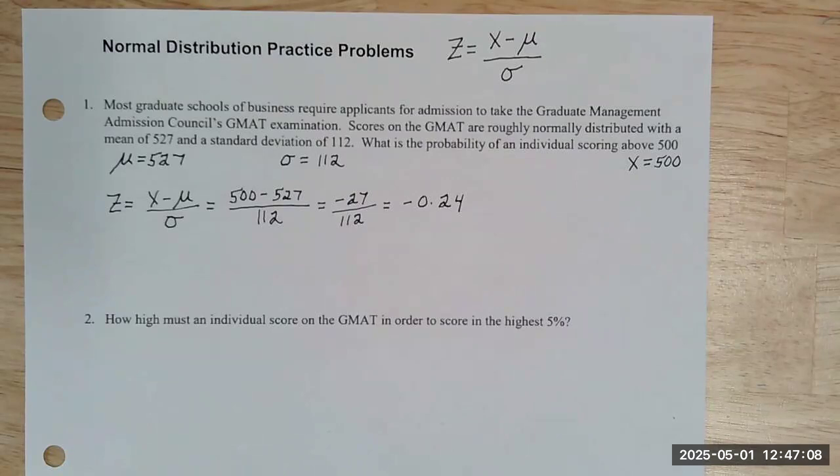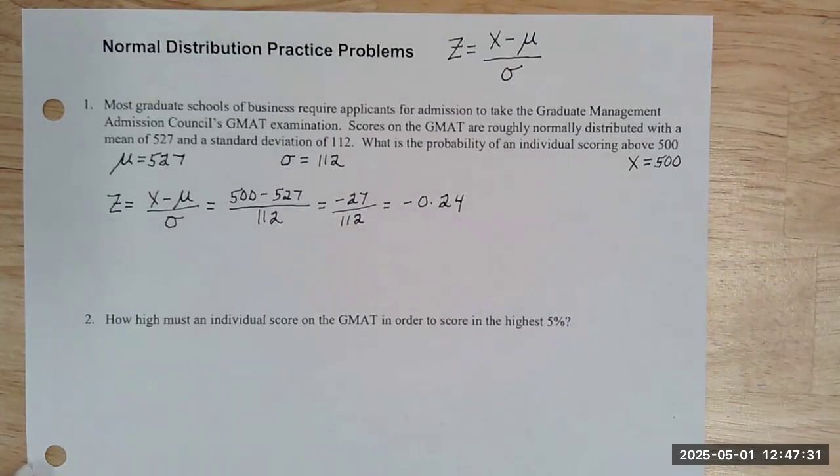Okay. So what we're going to do now is use that z-score to go find a probability in the middle of the table. Again, the middle of the table tells us probabilities or percentiles or percents. What else did I say it was? Oh, areas under the curve as well. Okay.